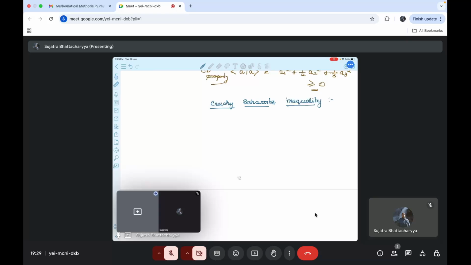It is simple actually. If you look at the dot product, A dot B is equal to mod A, mod B, and cos theta, right? And we know that cos theta is always less than or equal to 1, correct?